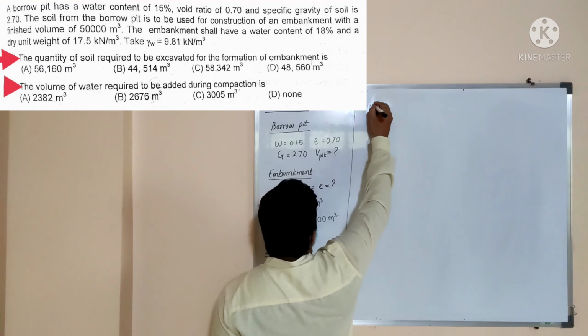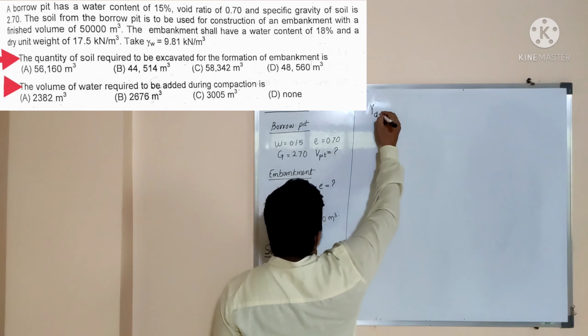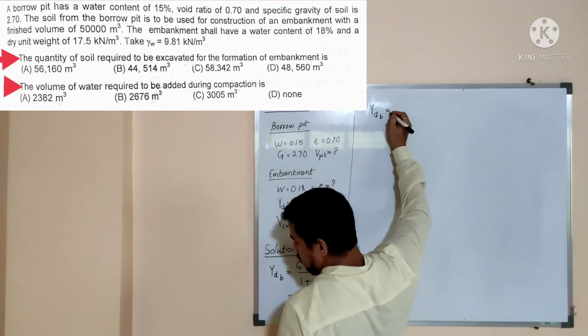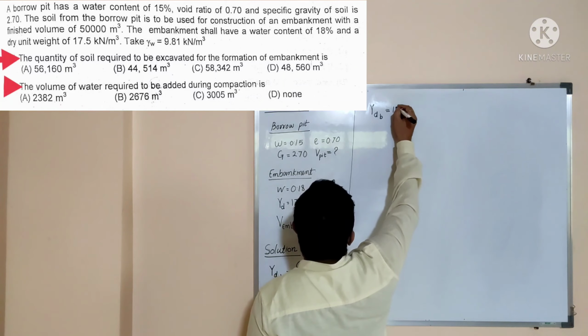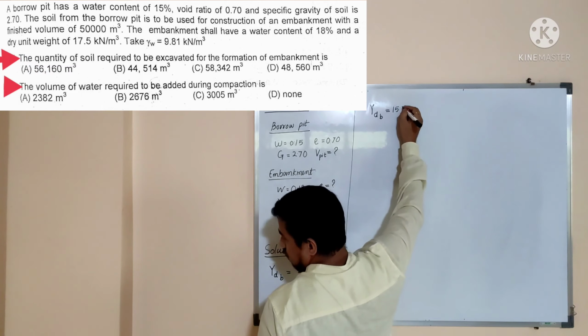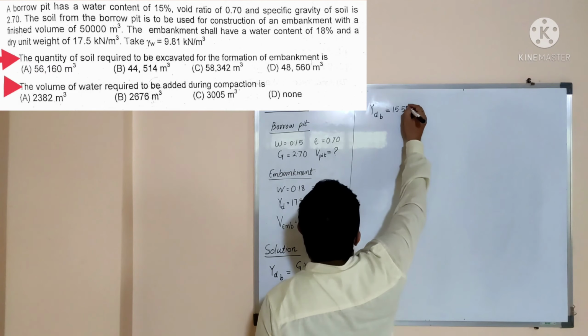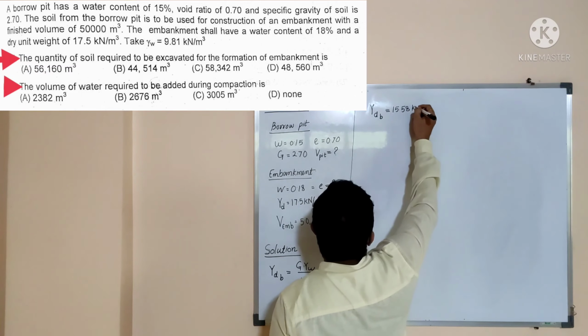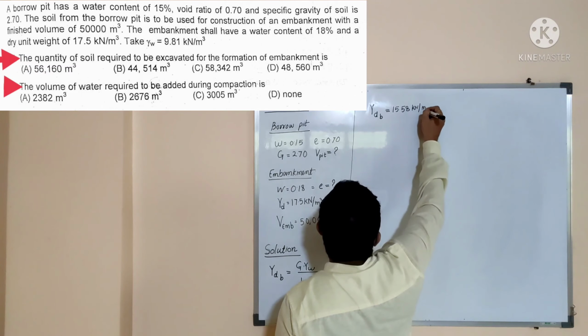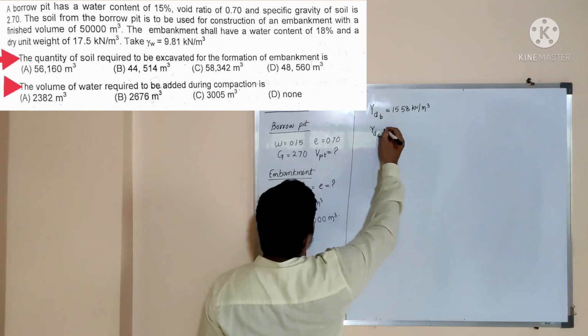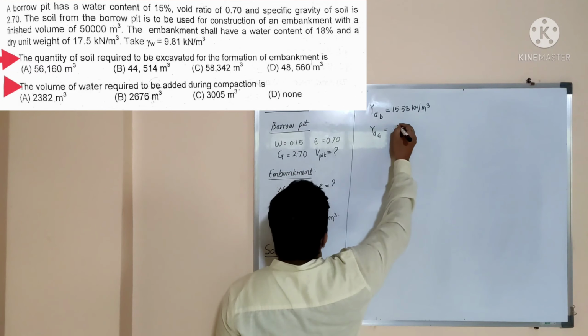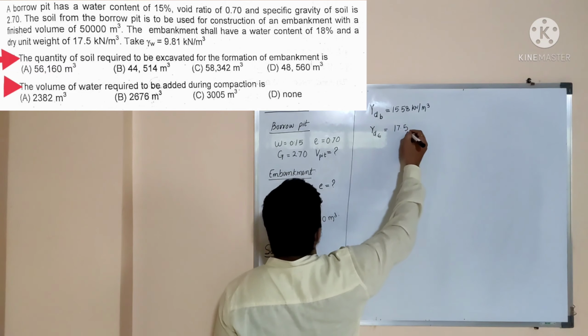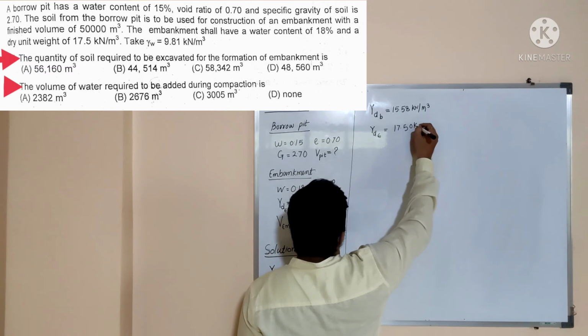So gamma d B is 15.58 kilonewton per meter cube. And gamma d in the embankment is 17.50 kilonewton per meter cube.